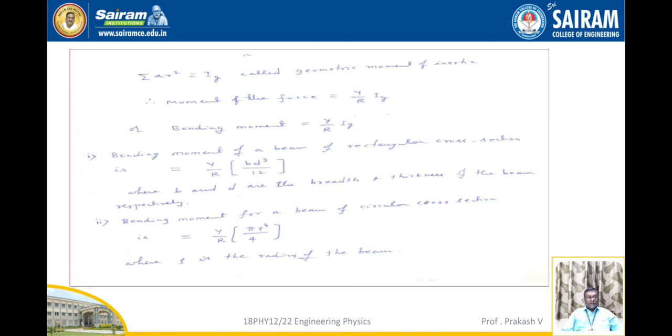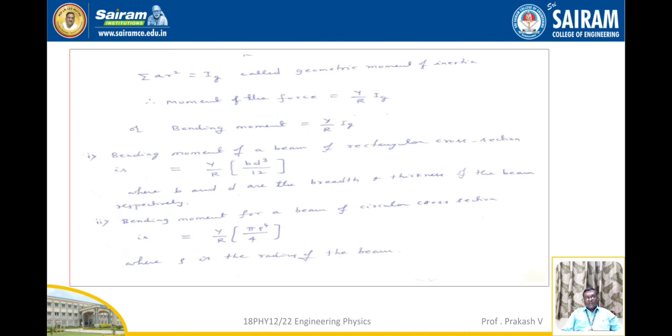Here we can discuss two cases. First, the bending moment of a beam of rectangular cross section: the bending moment is equal to Y by R into bd cubed by 12. Here the value of Ig is bd cubed by 12, applicable to a beam of rectangular cross section, where b and d are the breadth and thickness of the beam respectively.